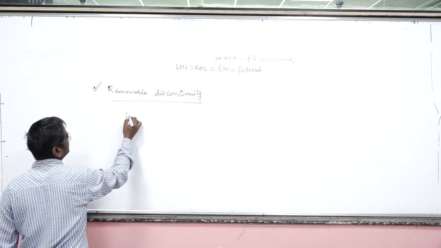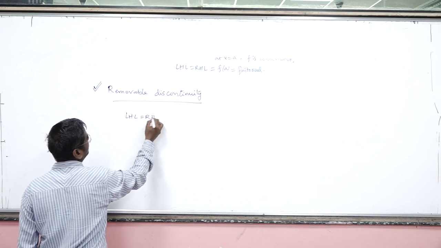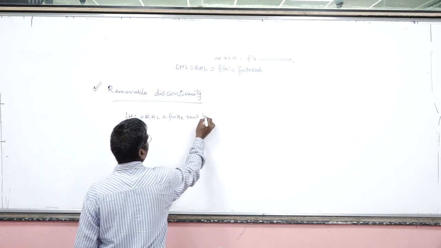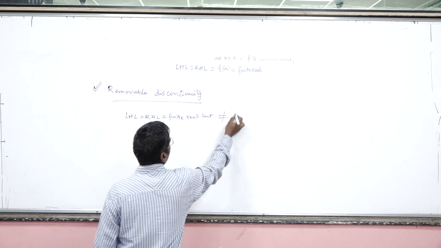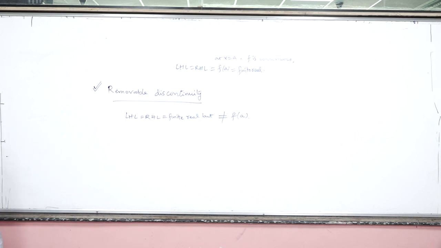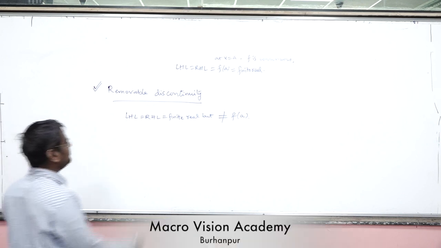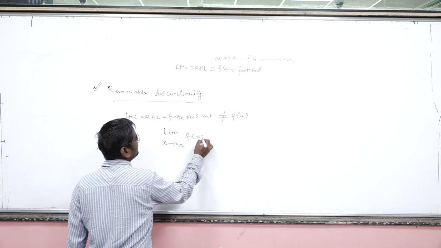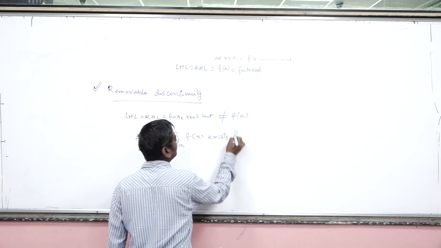This happens when LHL equals RHL equals a finite real number, but not equal to f of a. Or simply put, limit x tends to a of f of x exists finitely.